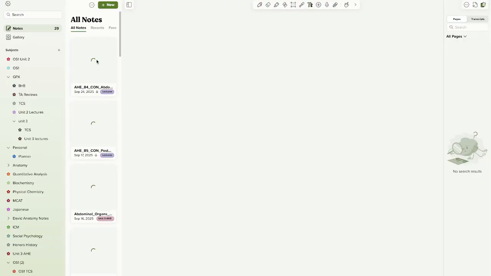I need to review the difference between extravascular hemolysis and intravascular. Okay, so hemolysis is peripheral RBC destruction.